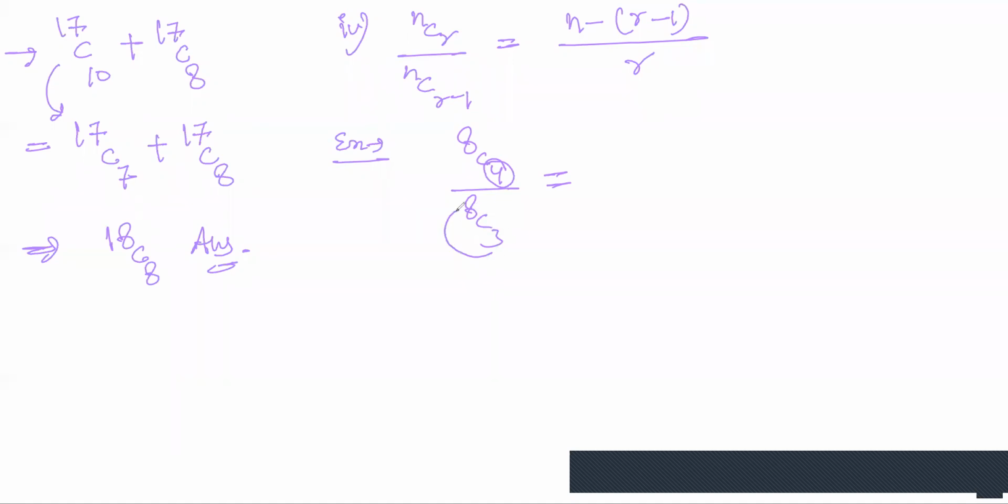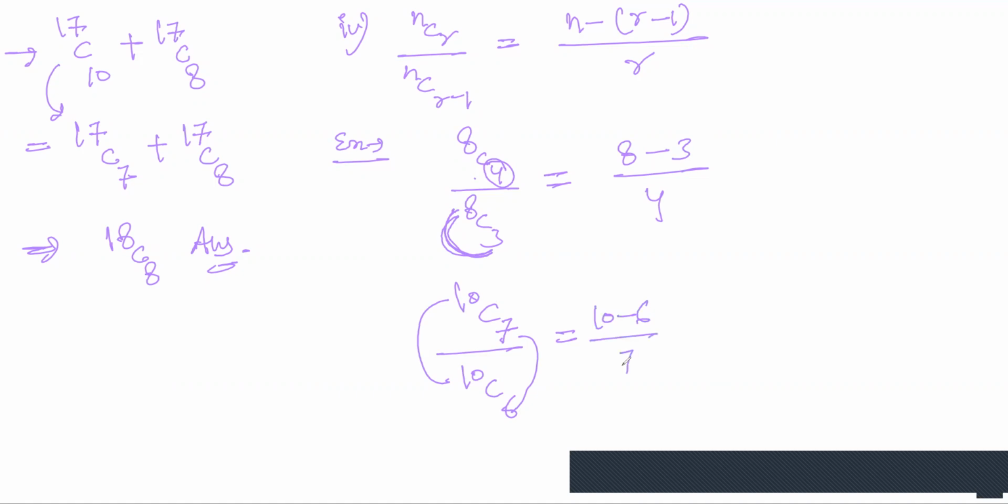Just subtract, for example 8 minus 3 divided by 4. If this is written 10C7 upon 10C6, we can apply the formula because the upper coefficient is the same, the lower coefficient is consecutive, and the greater lower coefficient is in the numerator. So this can be written as (10 minus 6) divided by 7.